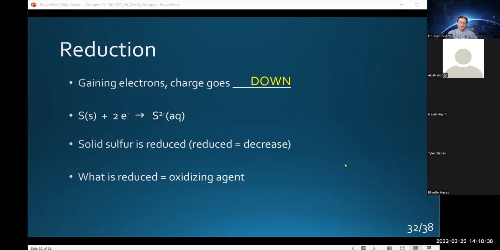So in this case, solid sulfur is reduced, and it is classified as the oxidizing agent, because it is the species that picks up the electrons that the reducing agent, whoever it may be, let go of. Okay, remember, redox, one cannot occur without the other. They occur simultaneously.